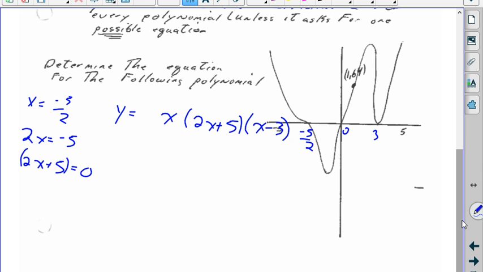We have a little bit of work to do. What's the multiplicity of -5/2? 3. We have a point of inflection. So I need to cube that guy. What is the multiplicity of the 0 at 0?